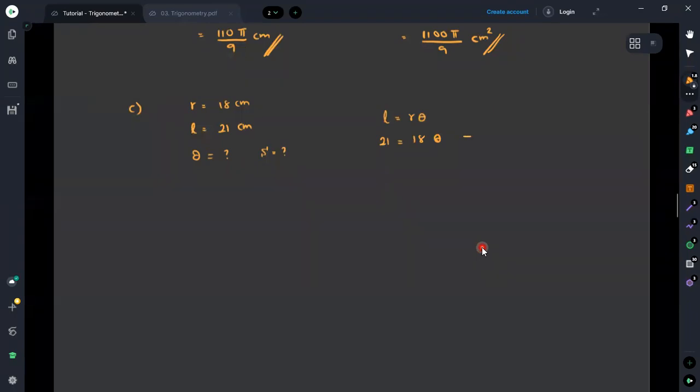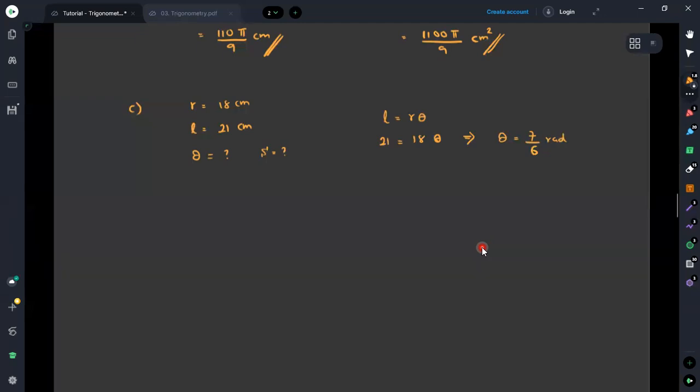Using the substitution, theta is equal to 21 divided by 18, which can be kept as the fraction 7 over 6, and here this is in radians.